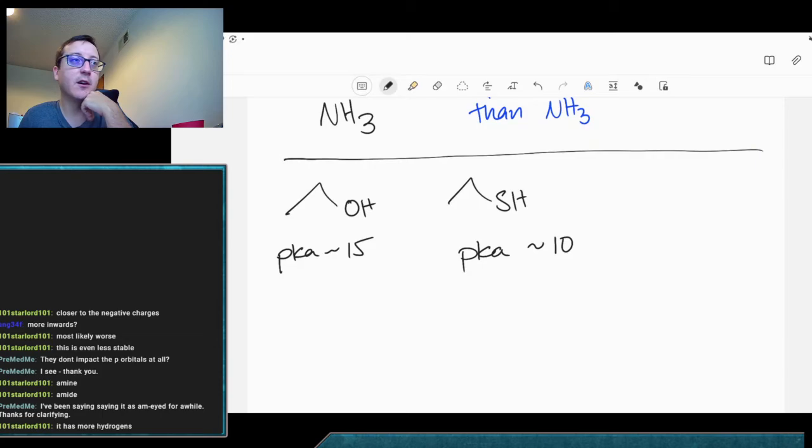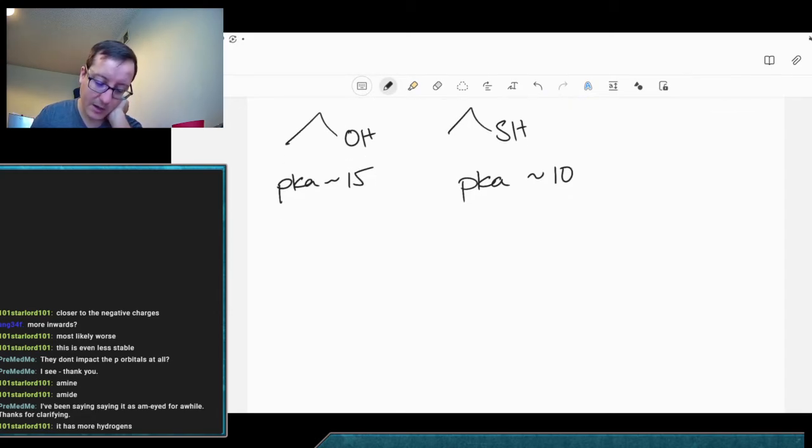Well, one's an oxygen, one's a sulfur, right? So that's the only difference. Then let's try and figure out why the sulfur one is more acidic than the oxygen-based one. And so, if we go ahead and take a look at that, let's look at their conjugate bases.